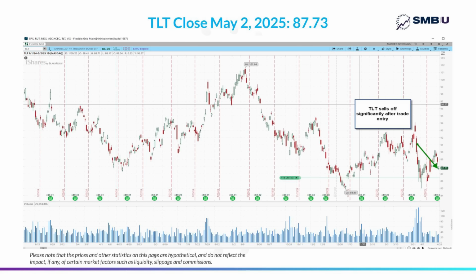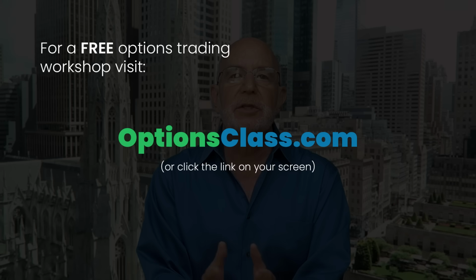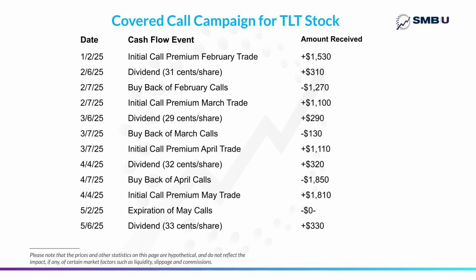And so what that means is that the call options simply expire worthless, because they only have value if the stock closes above the strike price. But this time, the stock closes way below it, resulting in the call just disappearing, and we don't need to buy it back. It just expires with no value. And so this time we have our positive cash flow, but there's no cost of a buyback.